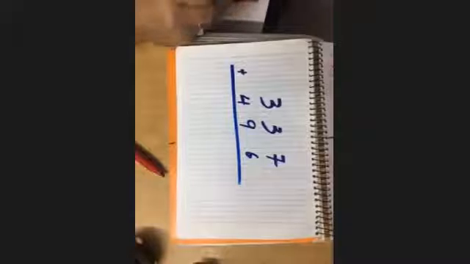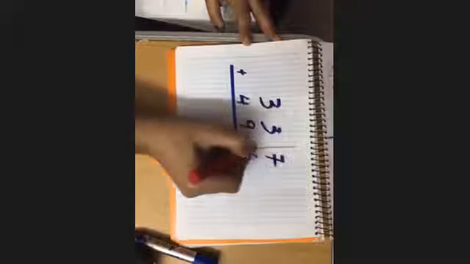337 plus 496. I want to add these two numbers together, with the same lines.